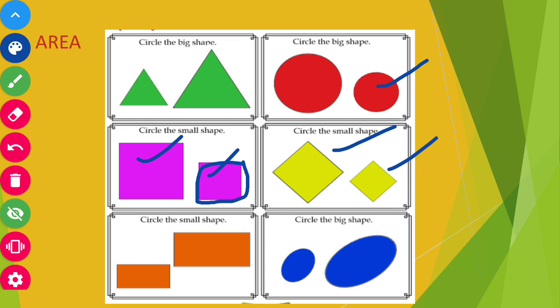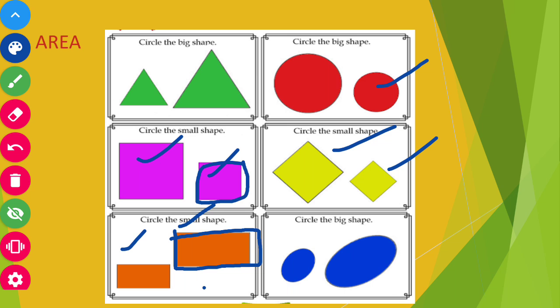This shape has a smaller area, isn't it? When you compare these two rectangles, which rectangle has the larger surface? Yes, obviously the bigger shape will have more surface. So the bigger rectangle has the larger surface.